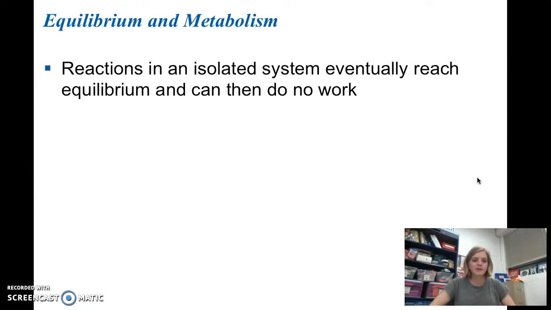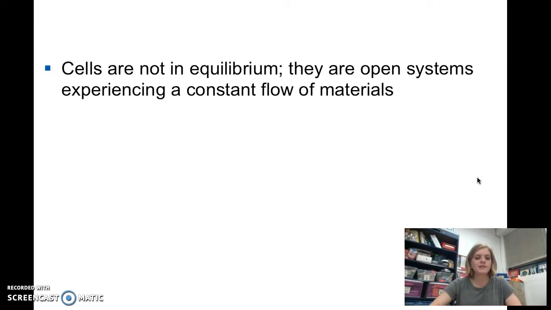This is important for our study of biology because in isolated systems, reactions will eventually reach equilibrium and can do no work. However, our cells are considered open systems, and they should never reach equilibrium. A cell that is at equilibrium is dead. So you don't want your cells to be dead, and that is why metabolism is one of the requirements for life.